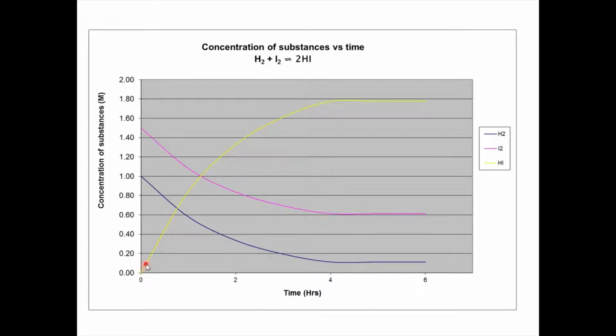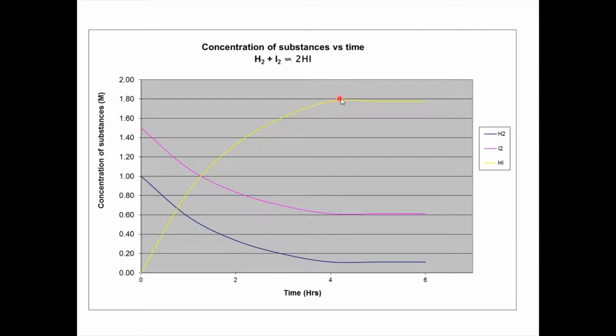Eventually, the product started forming, and as the product starts forming, a reverse reaction is possible, because now this HI can be turned back into H2 and I2. So here we see them going down. H2 and I2 are going down, and the HI is going up. And eventually, it'll flatten out.